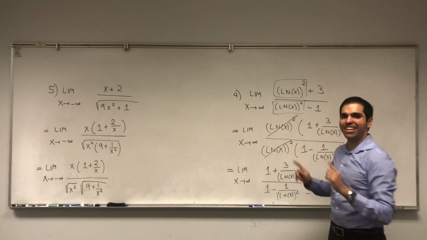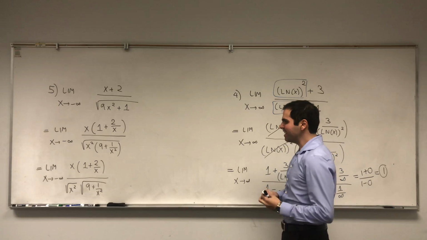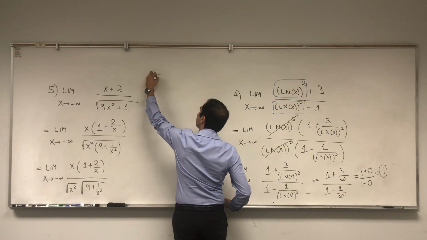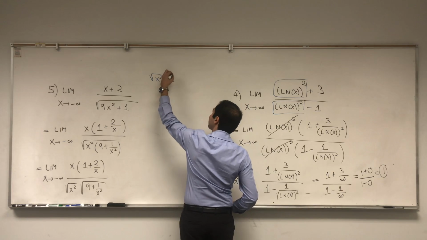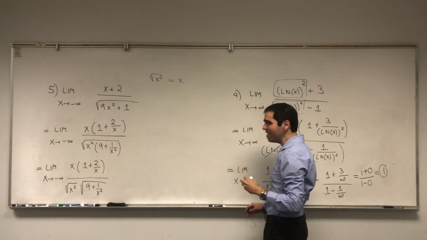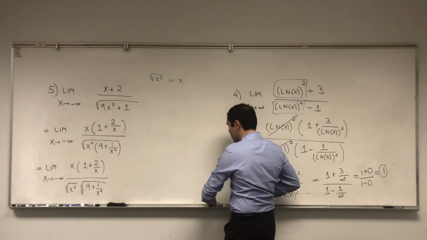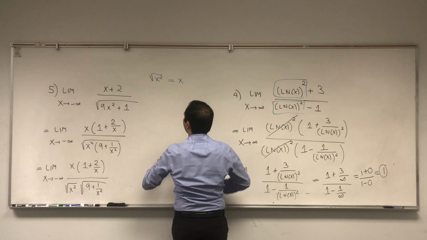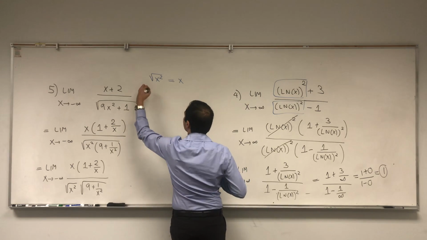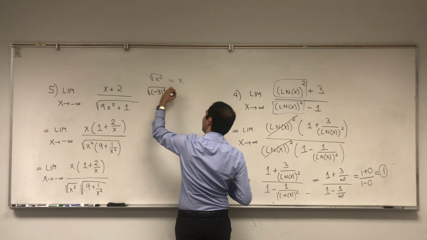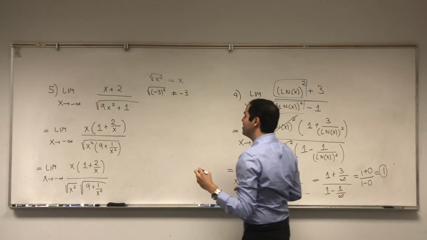Here comes a tricky thing. So you might think that square root of x squared, that's x, but unfortunately that's not quite true. For instance, if you take square root of minus 3 squared, that's not minus 3.